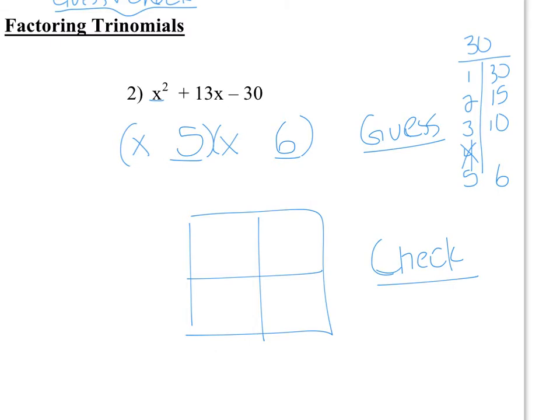So my check is here. 5x, 6x. Multiply them together and this gives you 30, and this gives you x squared. These should always be 30 and x squared. Those should never change because that's how we picked the numbers.